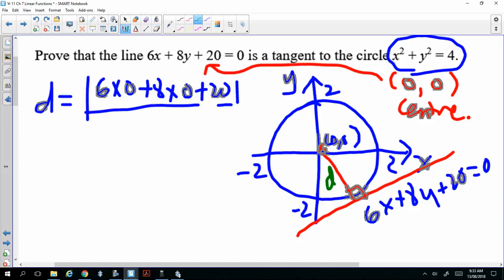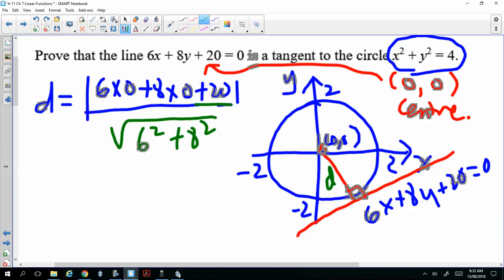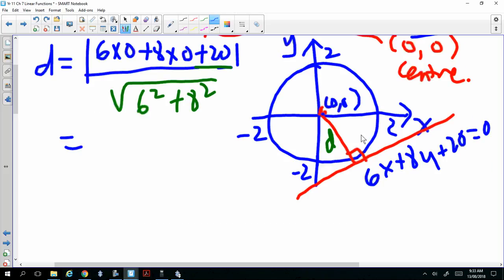Do it on your calculator. See what you get. You should get 20 over 10, because I'm finding the distance from the center to the line. So let me write a note there: distance from the center of the circle to the line.